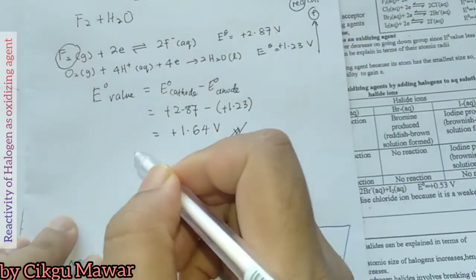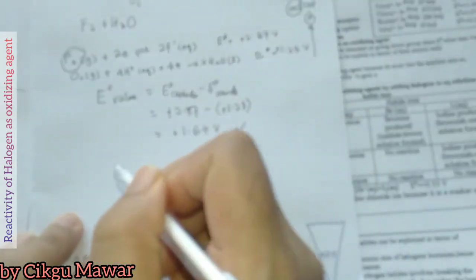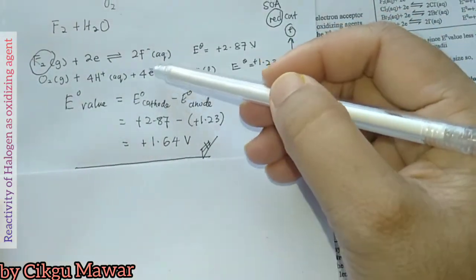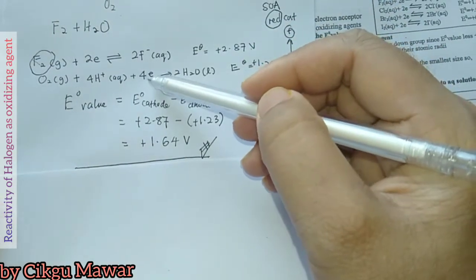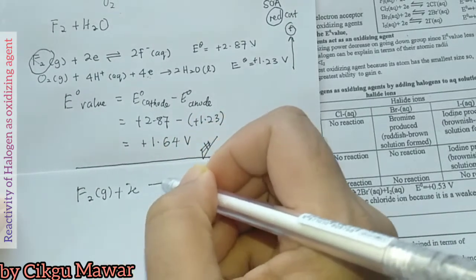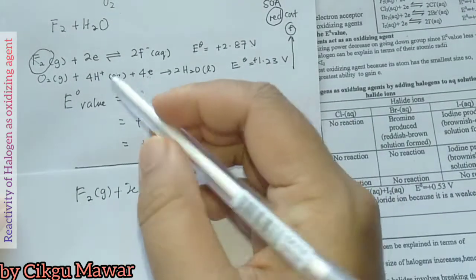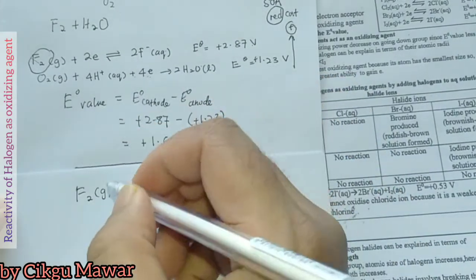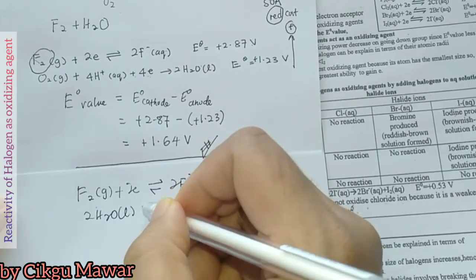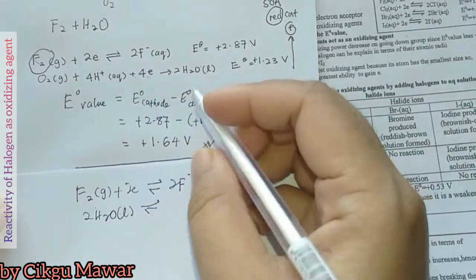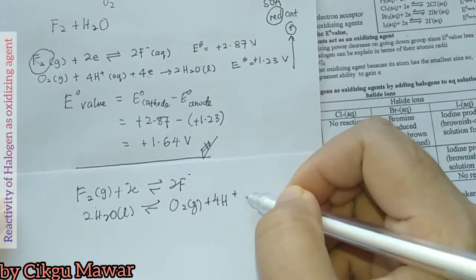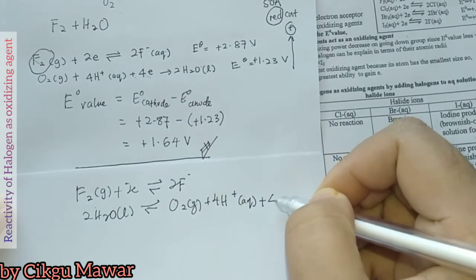So what is the overall equation from this? From this reaction, this is the cathode and this is the anode, reduction and oxidation. Then we just rewrite the equation for F2, and this one we will switch because oxidation occurs. So 2H2O liquid forms oxygen gas plus 4H plus plus 4 electrons.